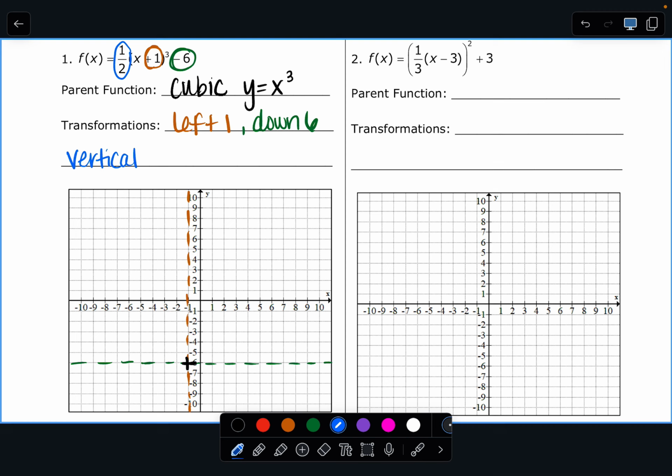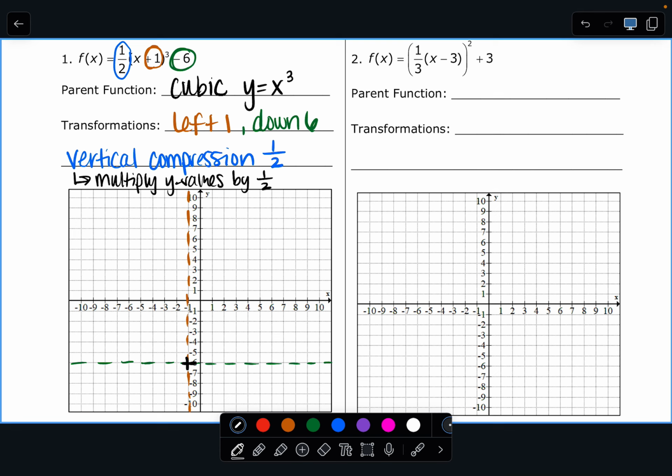So this is a fraction, a 1/2. That means it's between 0 and 1. So this is a vertical compression, and we always list the value, 1/2. And we're always listing what we actually end up multiplying by. So I'm going to multiply all of the y values by 1/2. And if you need to make yourself a note, multiply y values by 1/2.